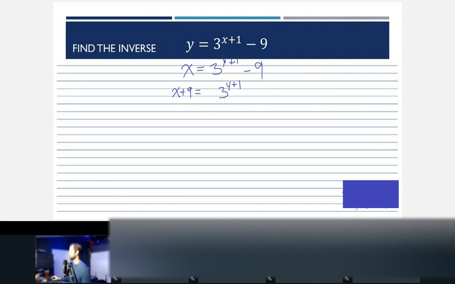Now what? We're going to log base 3 both sides. Good. And it's based off of this. If our last problem was a 10, we logged base 10. Now this is a 3, so we log base 3.